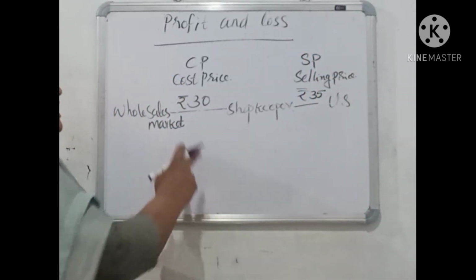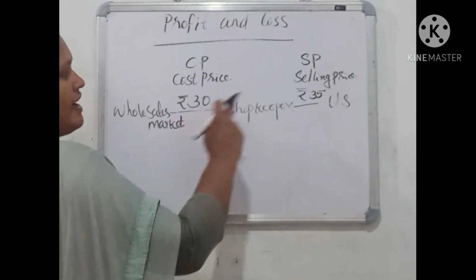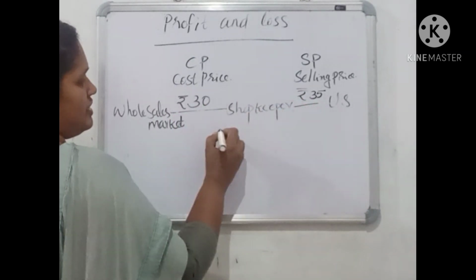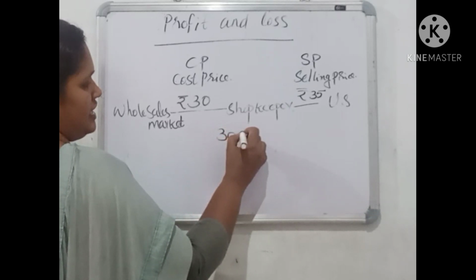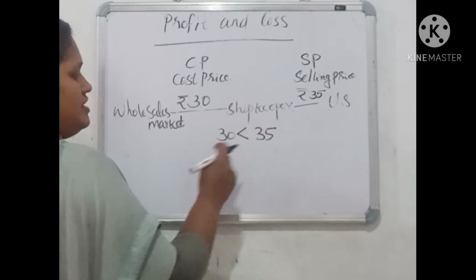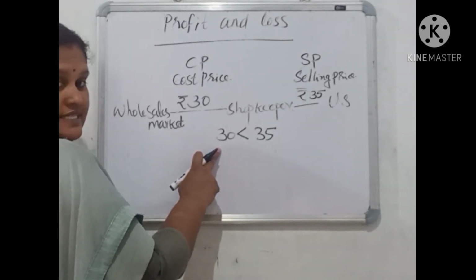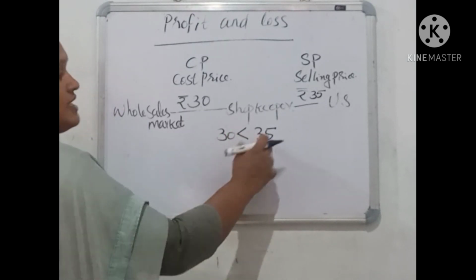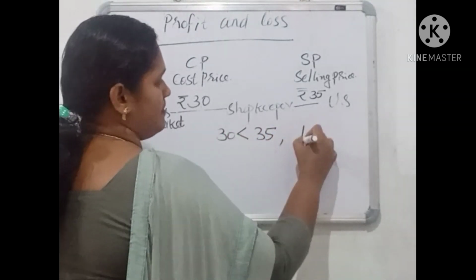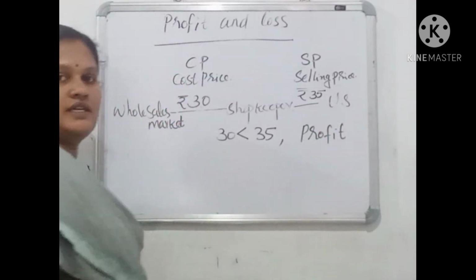Clear? If the cost price is less than the selling price, here 30 is less than 35, then there is profit. Clear?